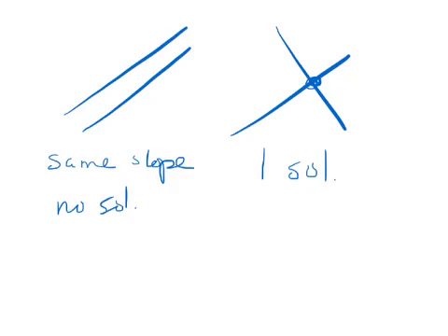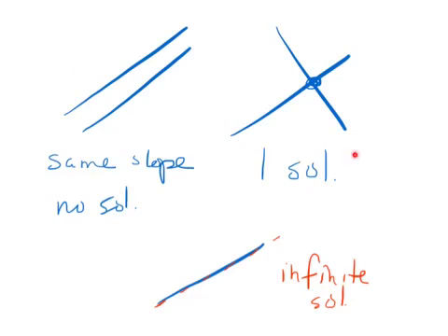And if the line looks like this now, this is the tricky one, where it lies on top of one another, how many solutions? Infinite solutions. Because remember, the definition of a solution is where there's an intersection. So look at the first case: no intersection, no solution. Second case, one intersection, one solution. Here, they intersect infinitely, thus there are infinite solutions.